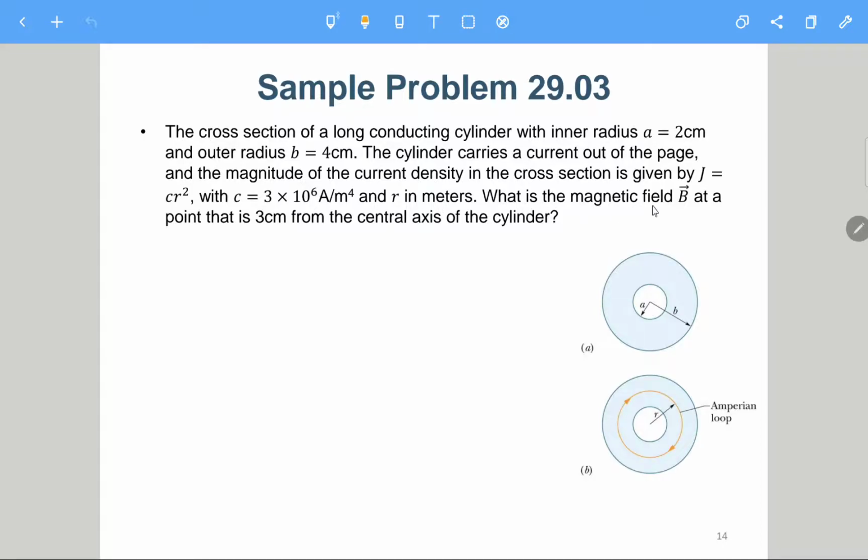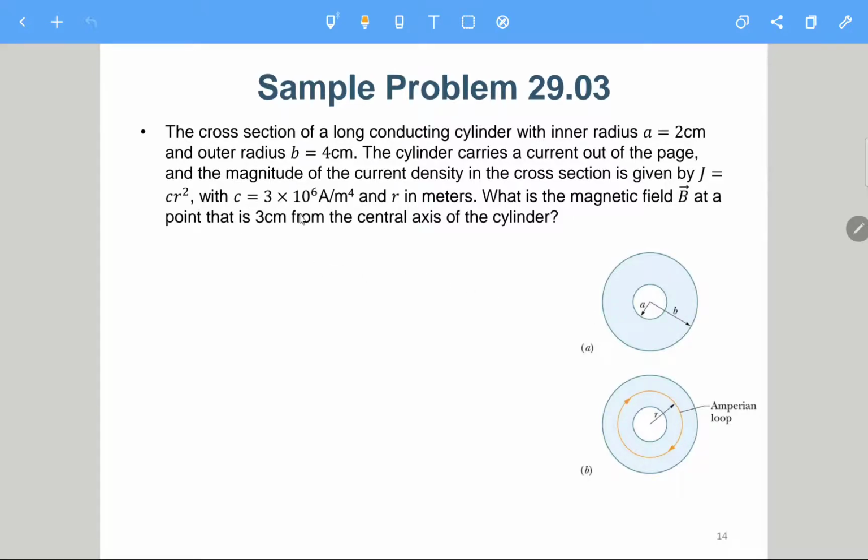What is the magnetic field B at a point that is 3 cm from the central axis of the cylinder? Small a is 2 cm, b is 4 cm.